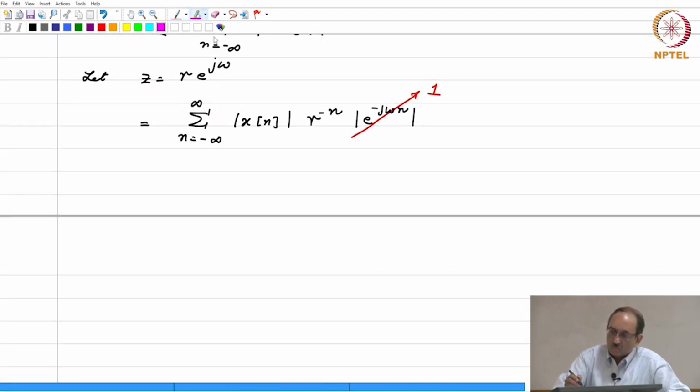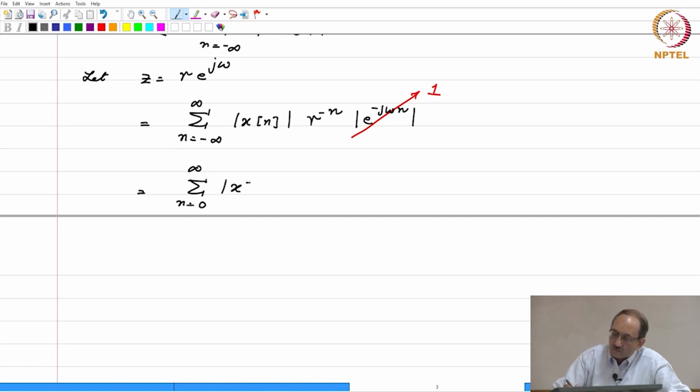So, now we need to look this up. We will break this into two parts. So, this can be written as the sum over n going from 0 to infinity of mod x of n r to the minus n, plus the sum over n going from minus infinity to minus 1 of mod x of n r to the minus n.